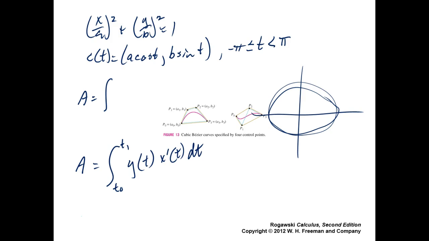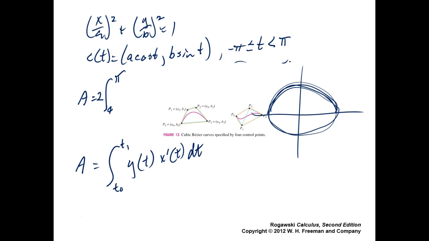Okay, the first thing they say is, notice that if you just do the top half of that and double it, you'll have the area of the ellipse. So that's the first thing they're going to do, is only go 0 to pi. Not minus pi to pi, they're going to just double it. And those are your t values now.